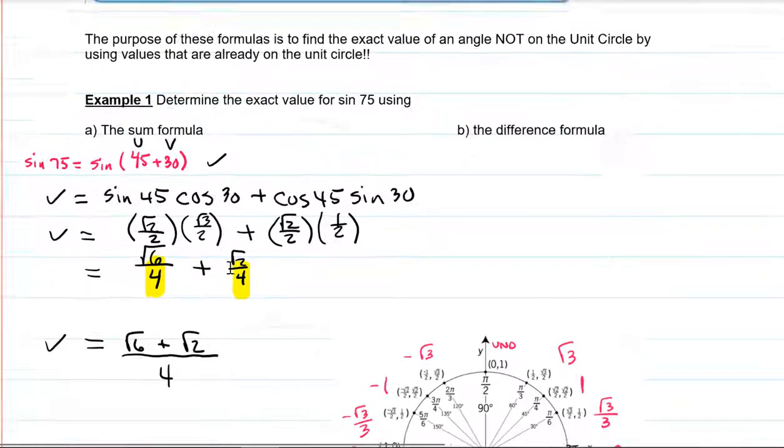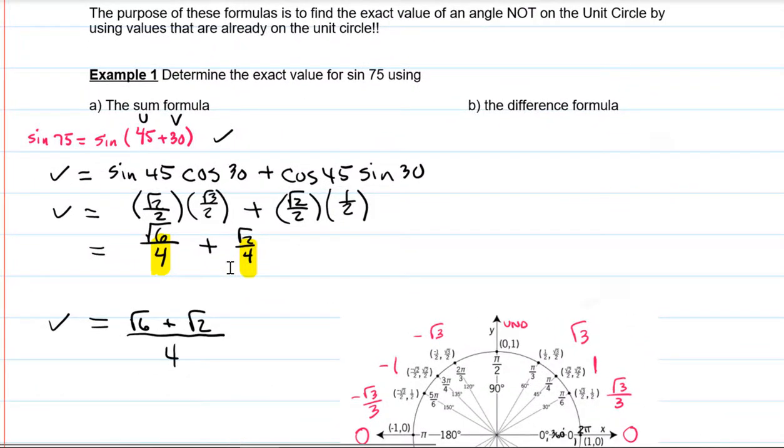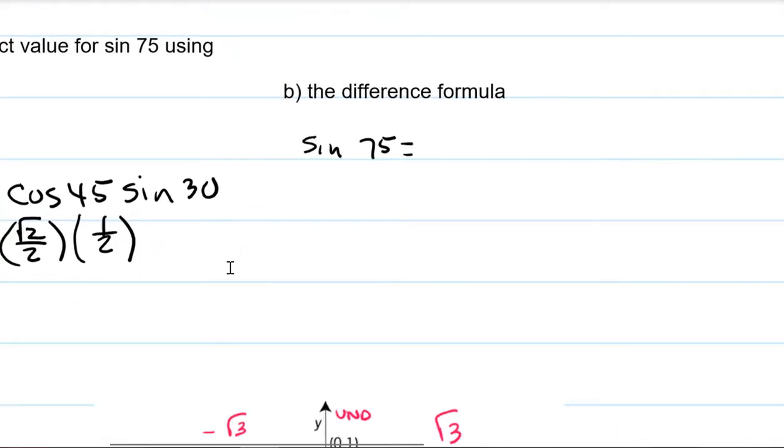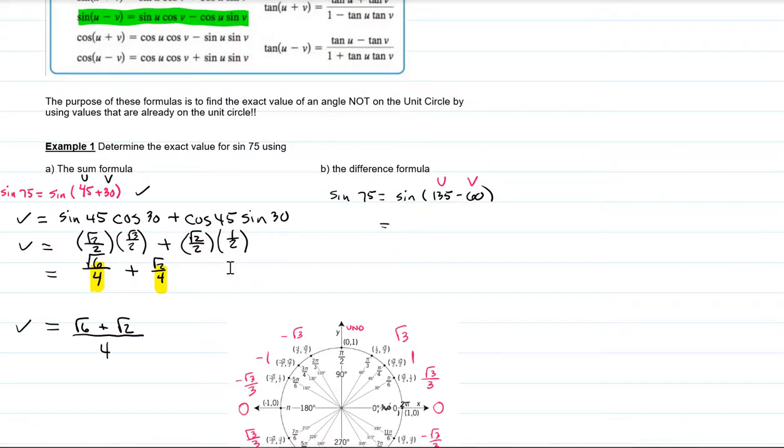We're going to start this off like this: sine of 75 equals sine of 135 minus 60. We put all that on line 1. This is our u and this is our v, the two angles we're going to use. When we apply them in our difference formula, the order matters.